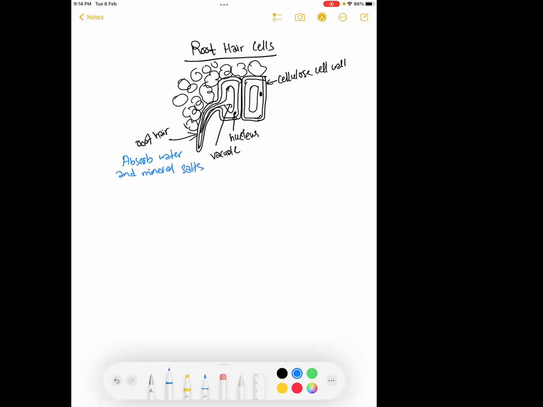Now, an adaptation to this function is a long, narrow structure. As you can see this part right here, this is quite long and narrow, right? This is the part that is called root hair. ঠিক আছে? And why is it so long and narrow?